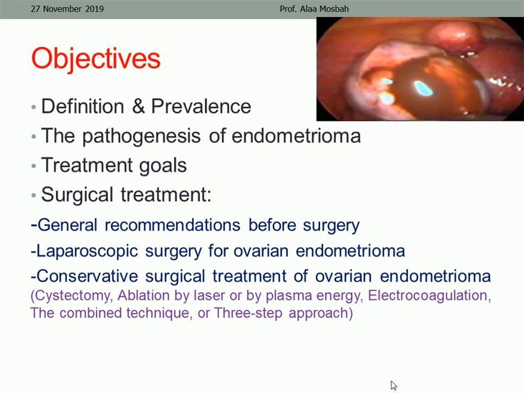All these under the topic conservative surgical treatment of ovarian endometrioma. Lastly, we wanted to know about oophorectomy as a last line of treatment.